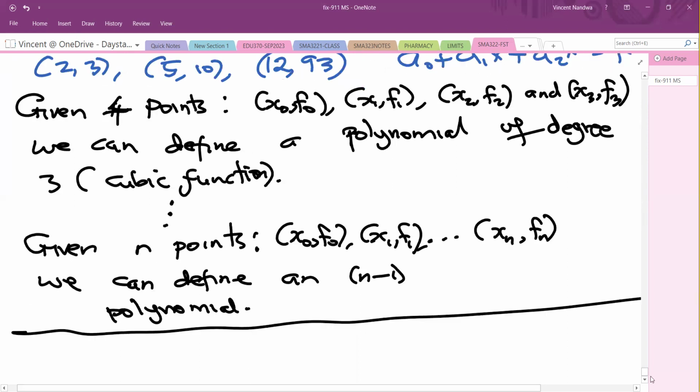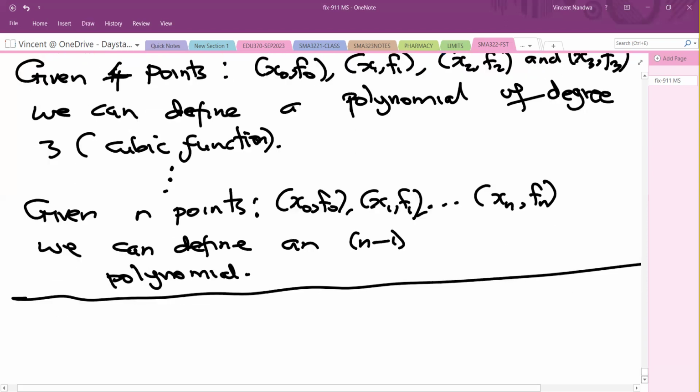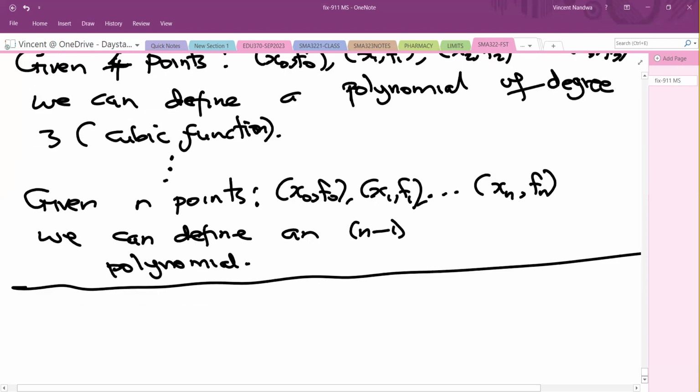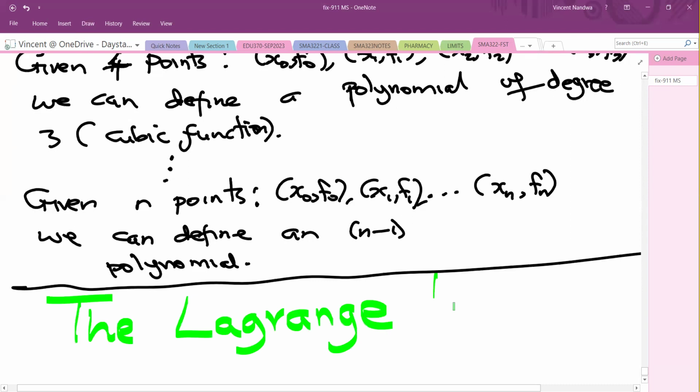So let's see how to derive the Lagrange interpolation formula, and thereafter we'll see how we can apply it.